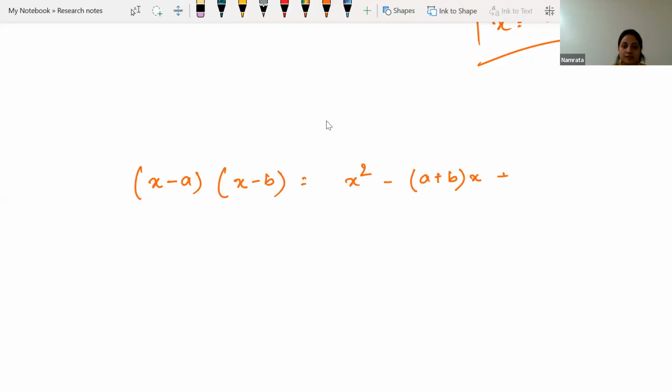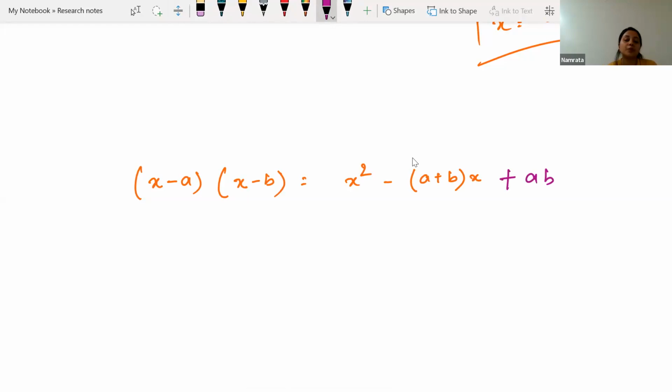Have you seen this formula? Yes, ma'am, that was x squared plus (a plus b) into x plus ab. Just a second, let me write it first.